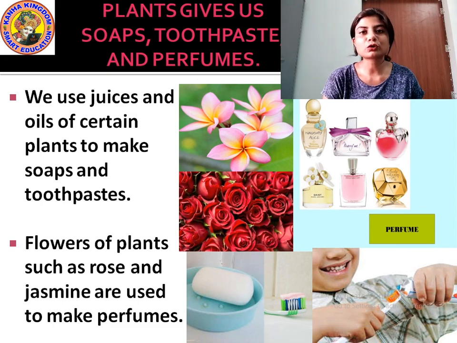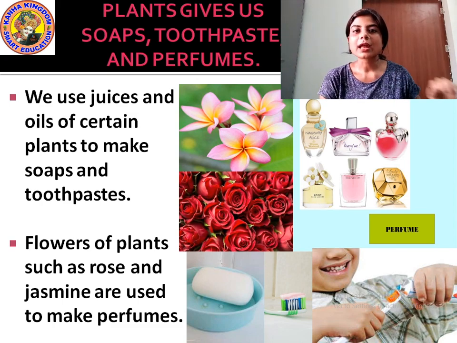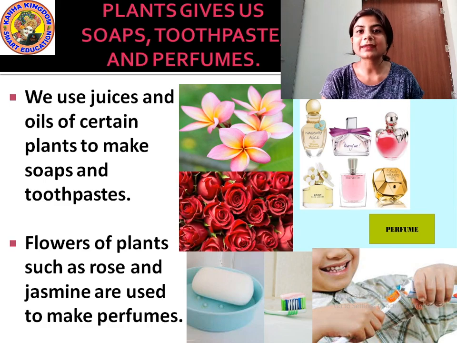Some plants provide us oil and juice, which is used to make soap and toothpaste. That is why you get a fragrance, a good smell, in the soap. Yes or no? It is made from plants.